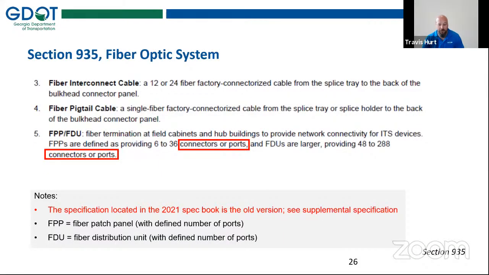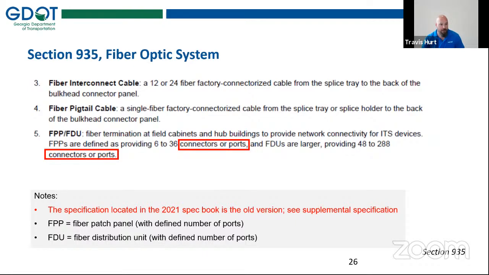That is the factory connectorized cable, runs from the splice tray to the bulkhead connector panel within your fiber patch panel. And then a fiber pigtail cable being the same thing with a single cable, a single fiber cable.